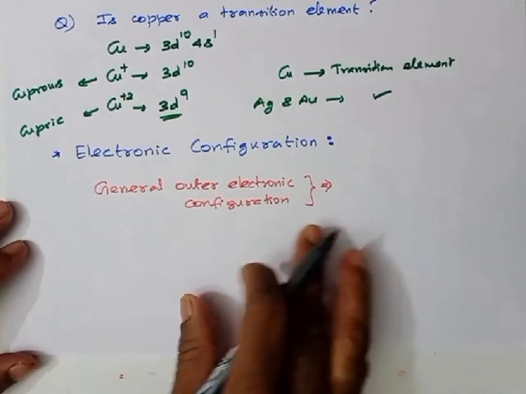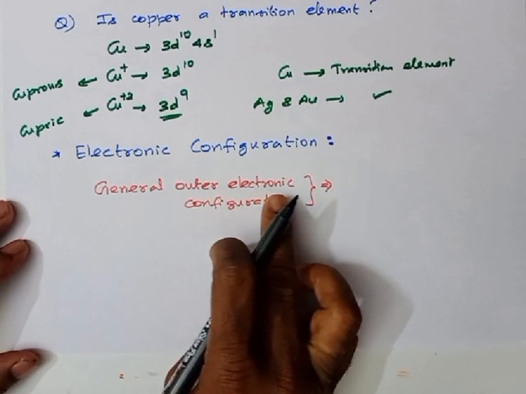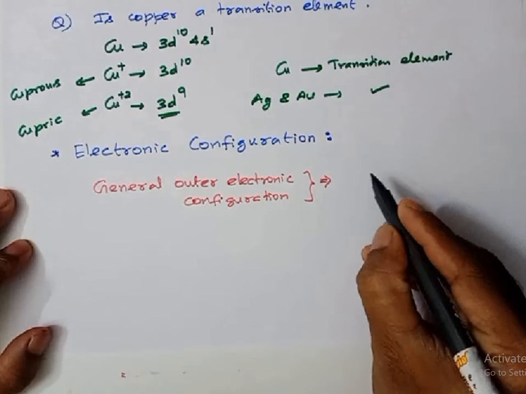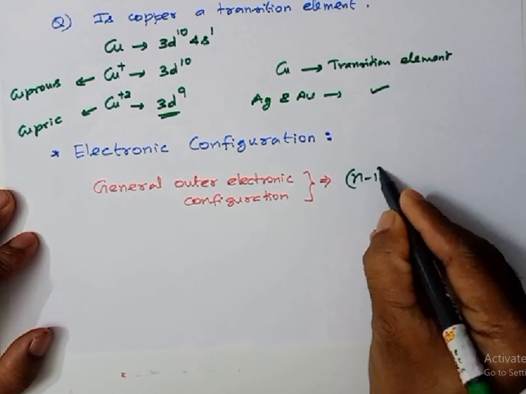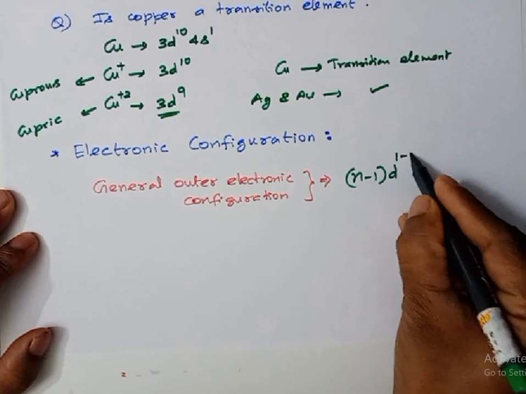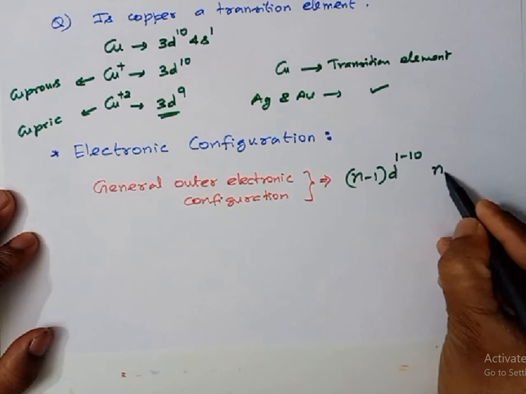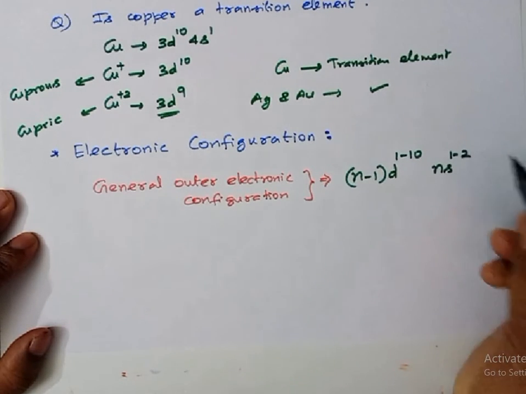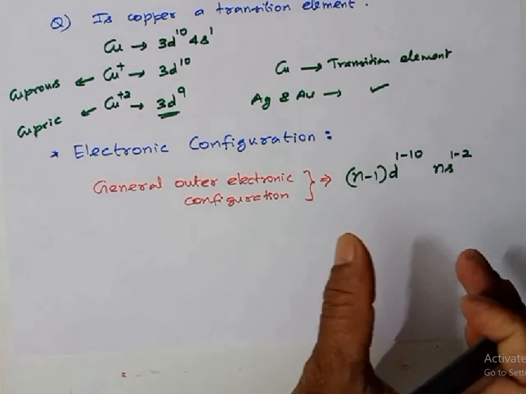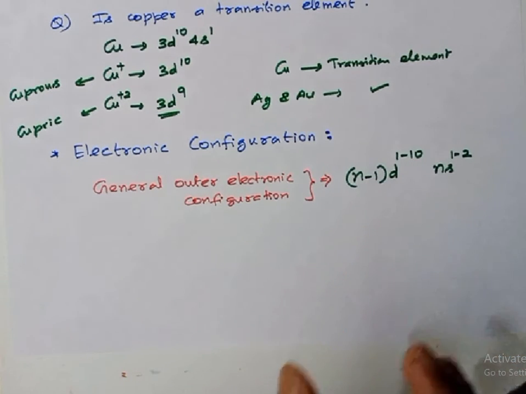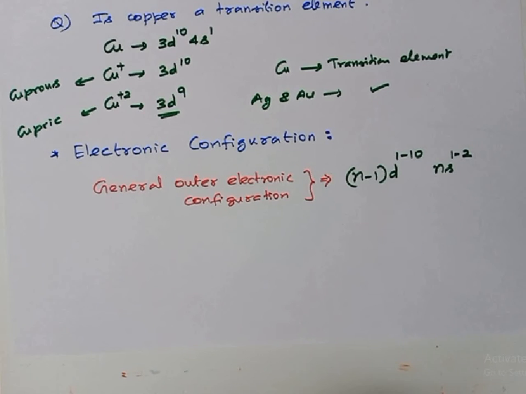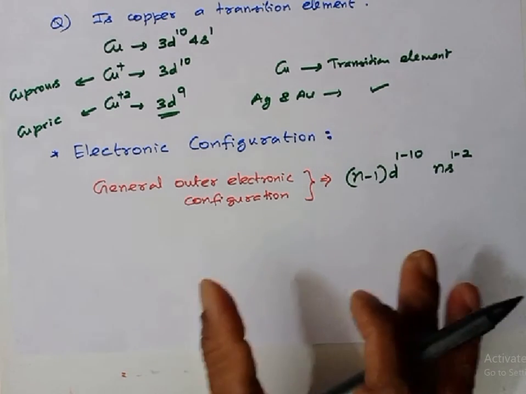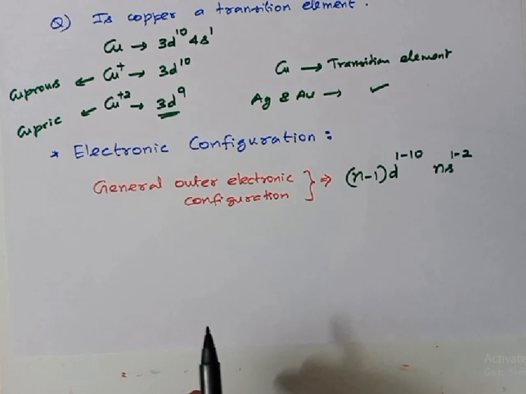Now, the general outer electronic configuration for d block is (n-1)d 1 to 10 ns 1 to 2. This is the general outer electronic configuration of d block elements. Students, keep this point in mind, very, very important. This is the general outer electronic configuration of d block elements.